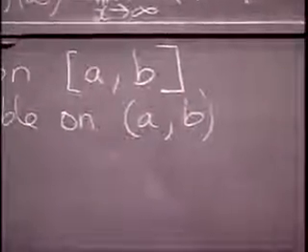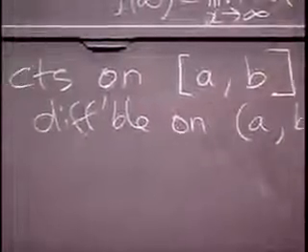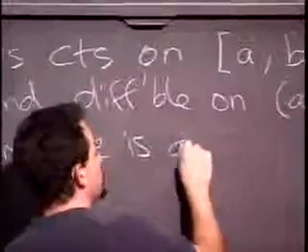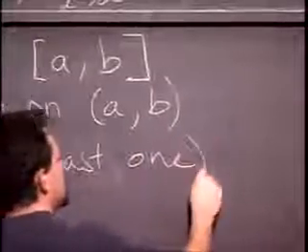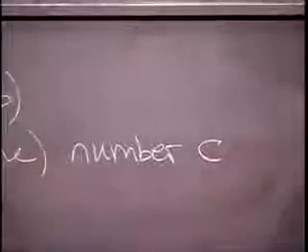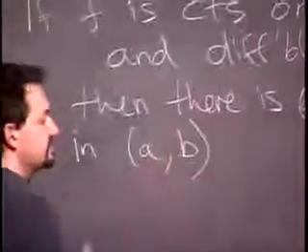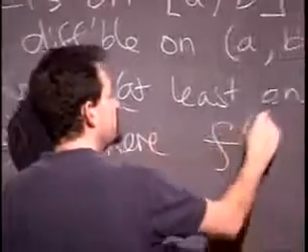It doesn't really matter what happens at the endpoints for this particular thing. Then there is some number c, at least one, in the interval (a, b), open, where the derivative is 0.